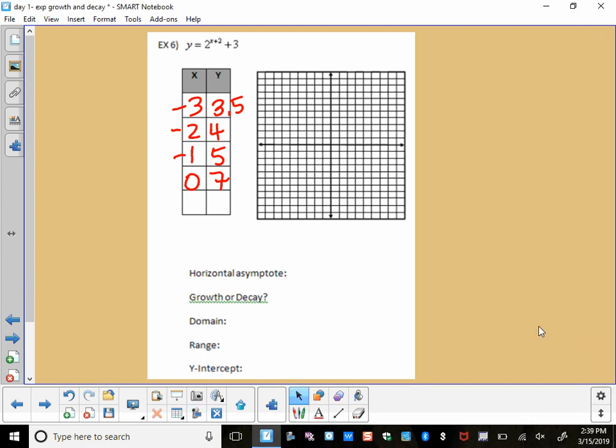All right, so just from looking at this, what is my horizontal asymptote? Good, positive 3. Jeffrey got that from our last number after our exponent. Go ahead and write that in.